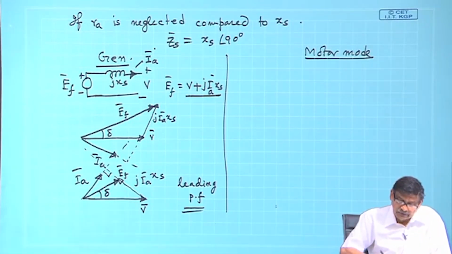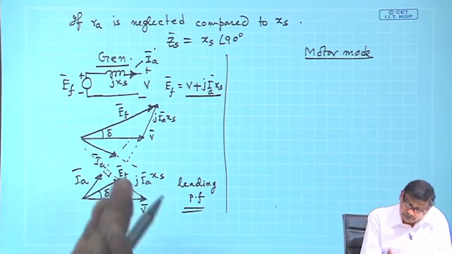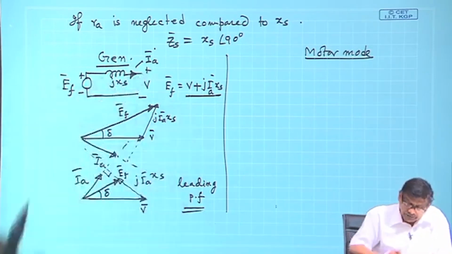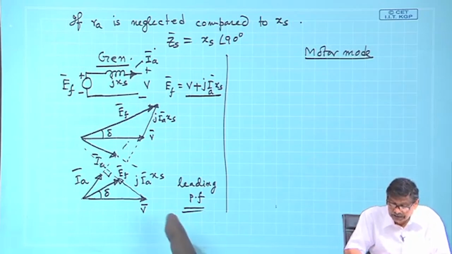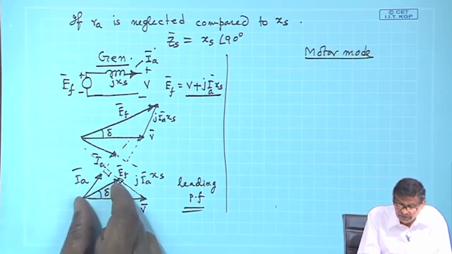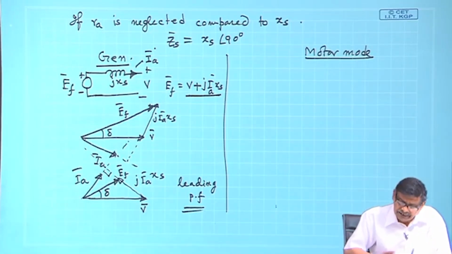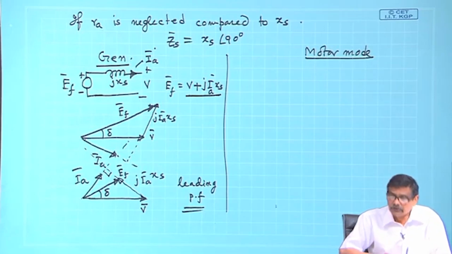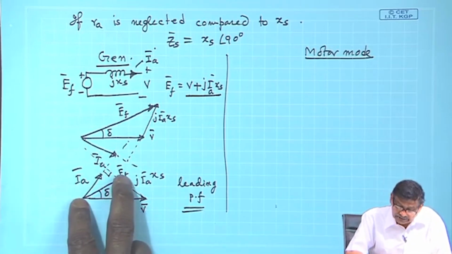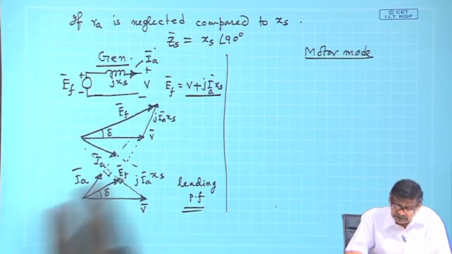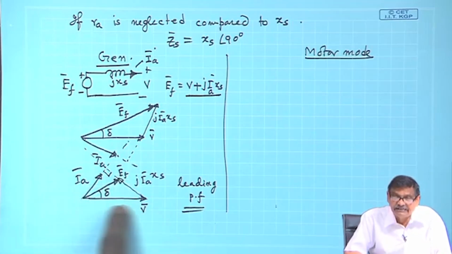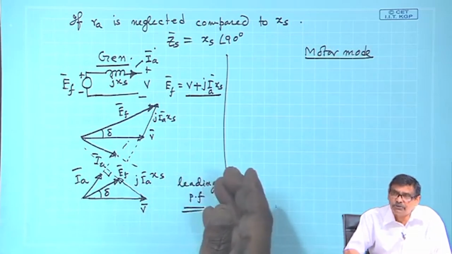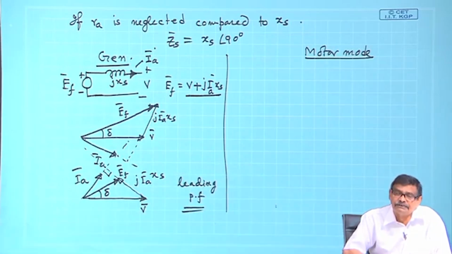In case of leading power factor load, lagging or leading, no matter, E f will be always above V for generator mode. Only thing, in case of leading power factor load, length of E f is less than V. Length of E f is a measure of rotor excitation field, and V, this length is approximately equal to E r, resultant field.